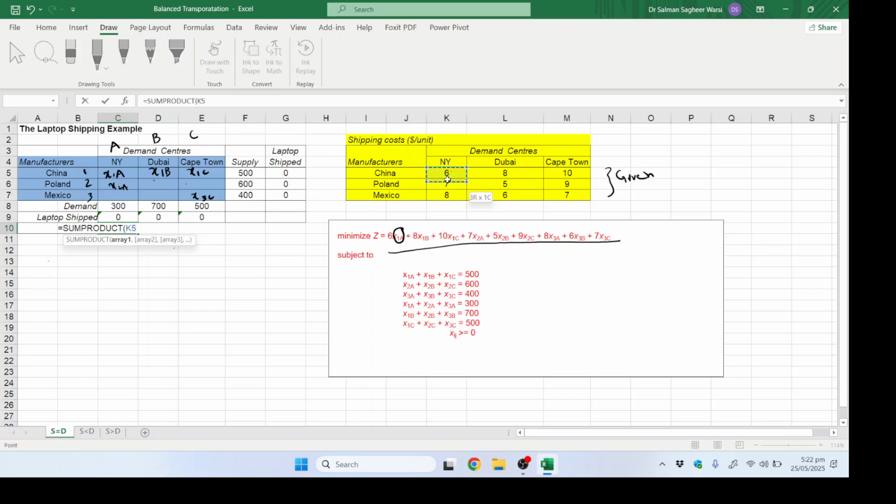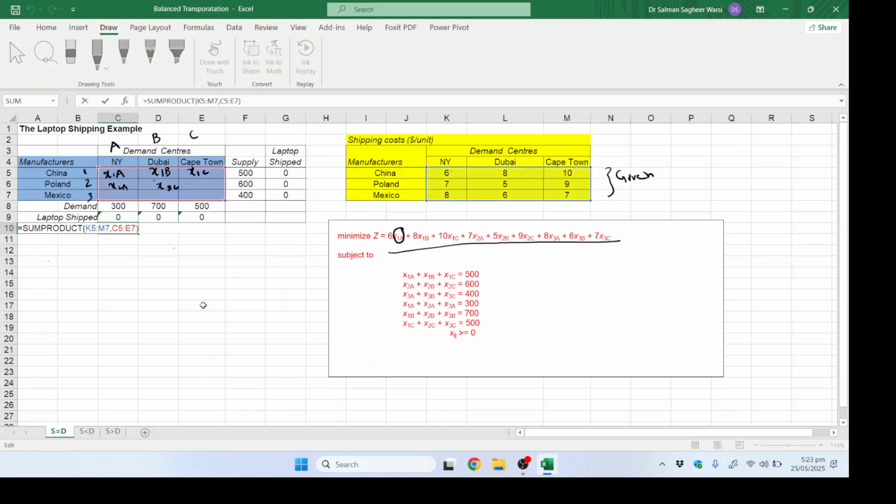So the cost is the first array, then press comma, and select the unknown cells as the second array. Now we have chosen the two arrays, and we just press enter.